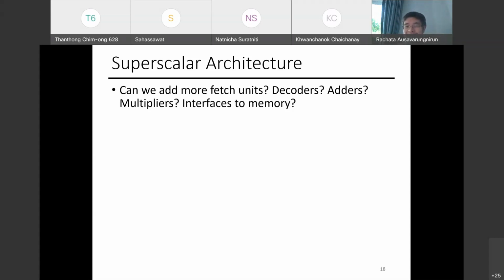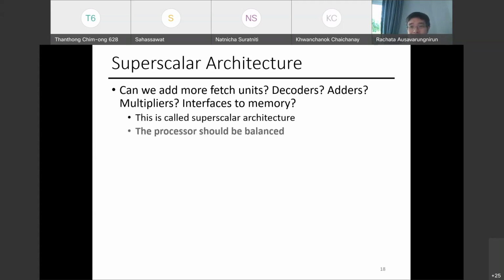Memory bandwidth is important because modern day CPUs issue multiple memory requests at the same time. We don't stall. We keep issuing. You say, hey, I want this address, I want that address, I want that address too. Right? So you're issuing multiple memory requests at the same time. This is called Superscalar Architecture.